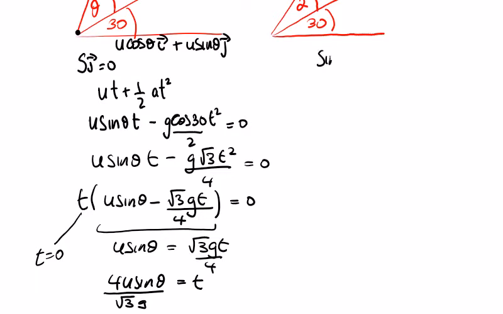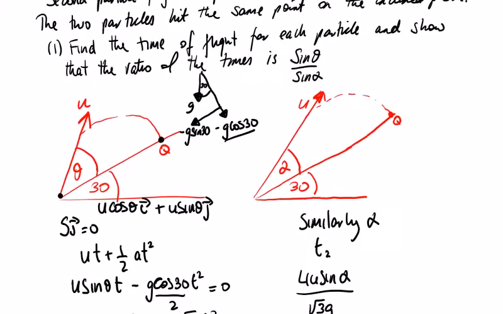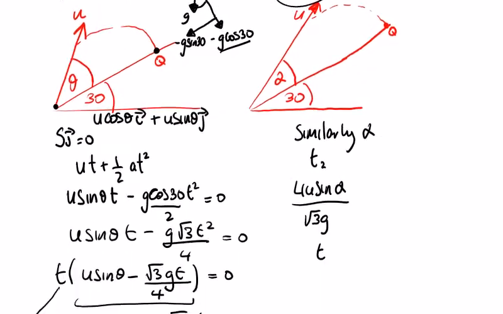And similarly for this one, the only change is the angle. So for alpha, we'll call this time 1 and we'll call this time 2. The time for alpha will be 4u sine alpha divided by root 3g. And they're looking for the ratio in fraction form, sine theta over sine alpha.